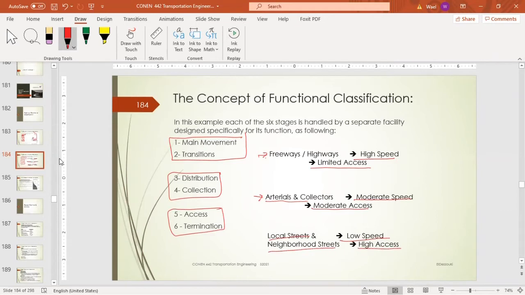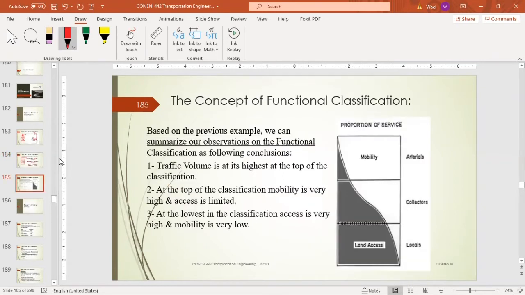So from this we can make this classification. The higher the rank of the road, arterials, highways, freeways, mobility is high, speed is high, and the accessibility is low. In the middle, there are the collectors.